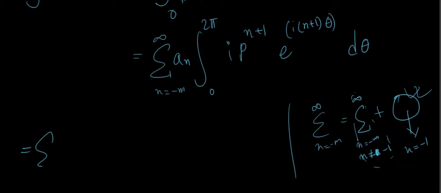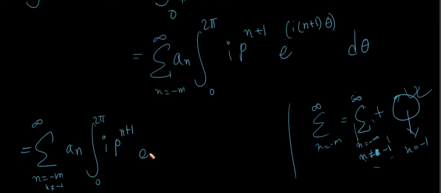So let me just write this thing down. The sum over n not equal to -1 to infinity, a_n, integral 0 to 2 pi, i rho^(n+1) e^(i(n+1)theta) d theta.